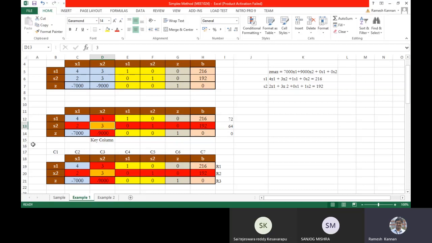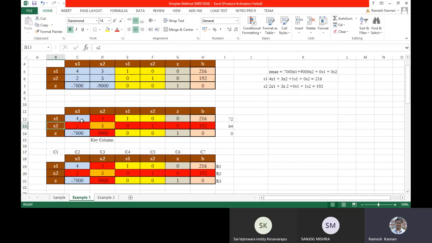So that the pivotal element will become 1. And very importantly, once you select the key column, that column x2 is called the entering variable. The corresponding row, if you see S1 and S2, this S2 will now turn to be x2, the reason being that x2 is the key column.